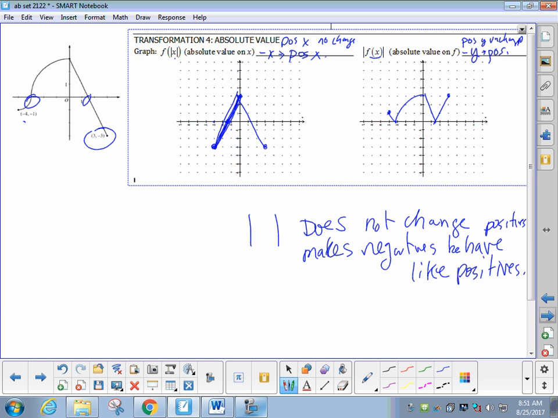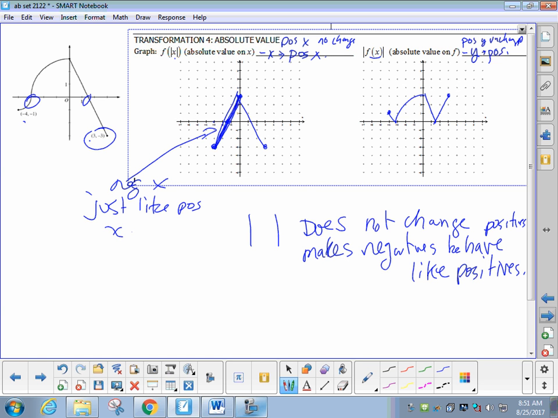Now you might say, what about the circles? Never happened. They're gone. Bye-bye. The only thing that happens is this: negative x's are just like positive x's.